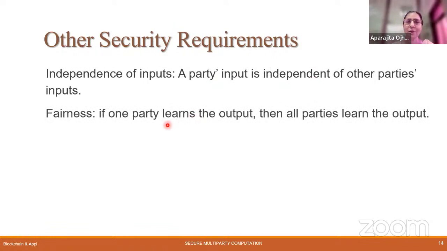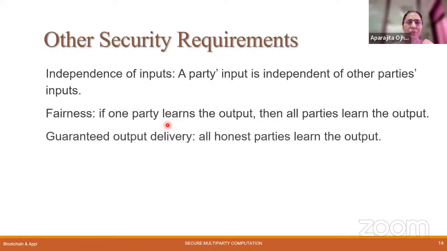Fairness. If one party learns the output, then all parties must learn the output, because it should not happen that malicious nodes are getting the output and honest nodes are not getting the output. Guaranteed output delivery means that all honest nodes must learn the output, right?